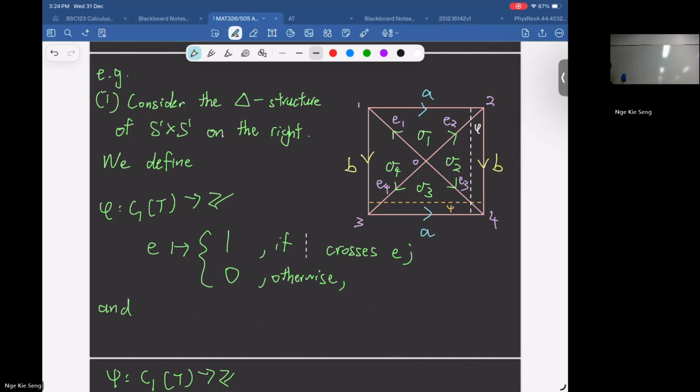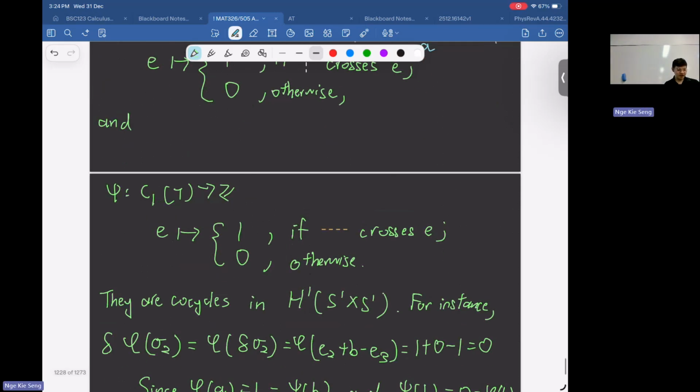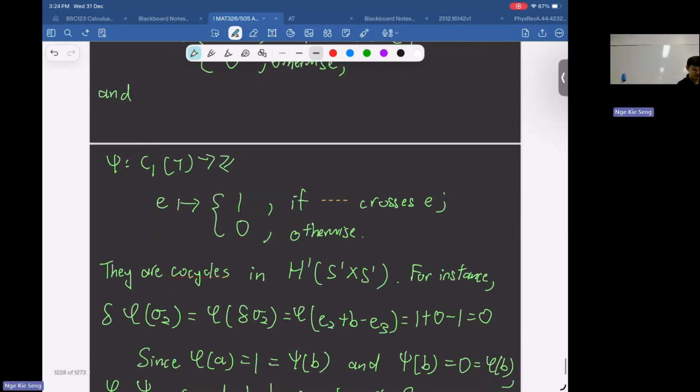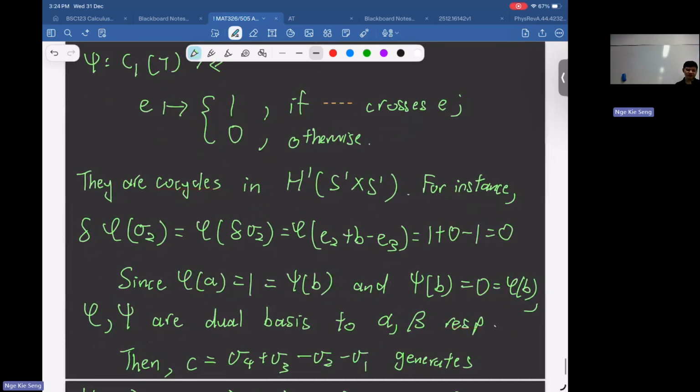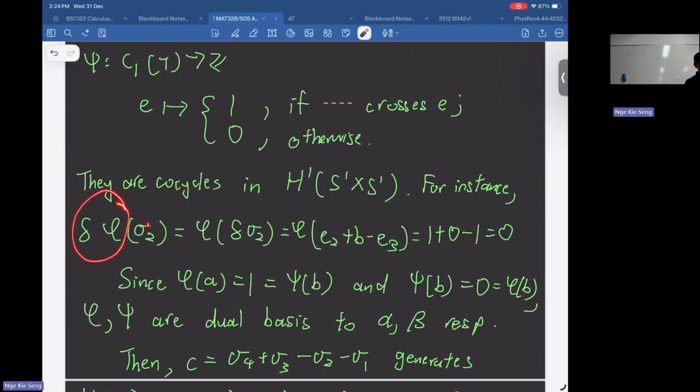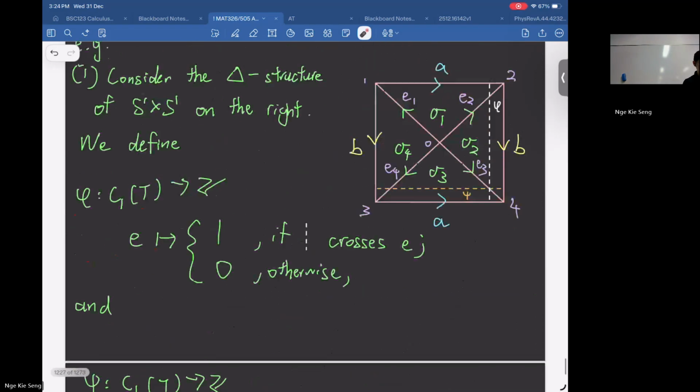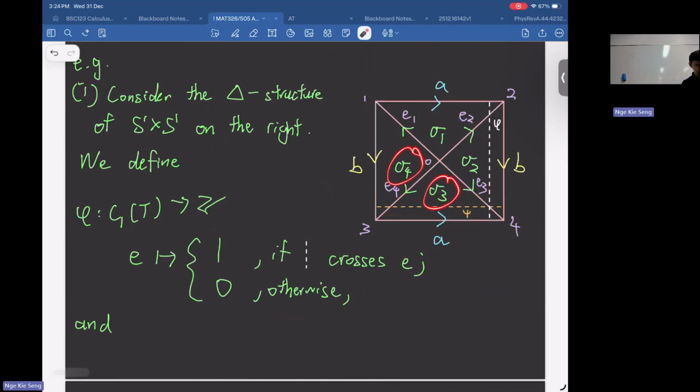Okay. Right, so if you notice, what we're gonna compute is they are actually cocycles in H^1. So why is it a cocycle? Basically, you just compute, for example, what is delta phi on sigma 2 here. So these are the two cells.